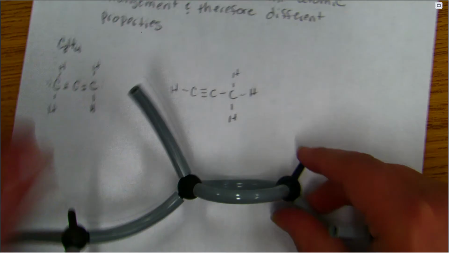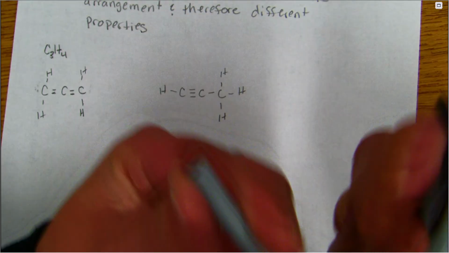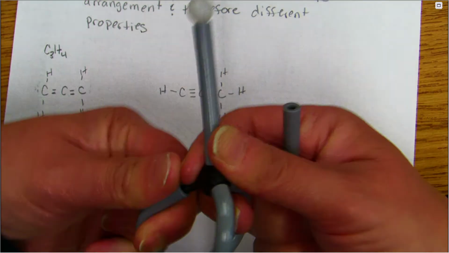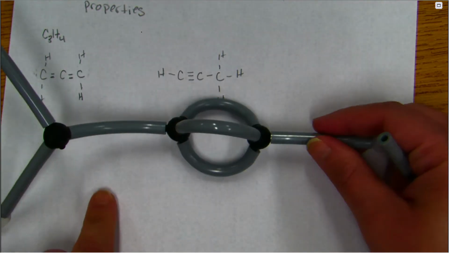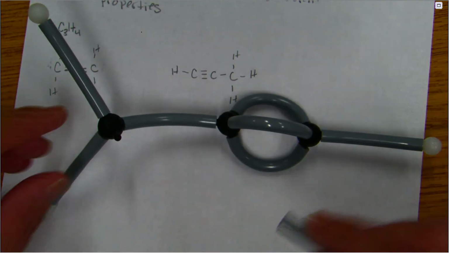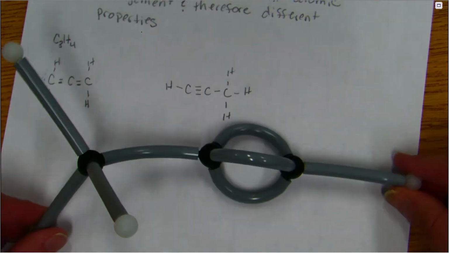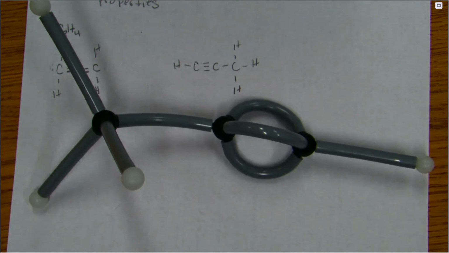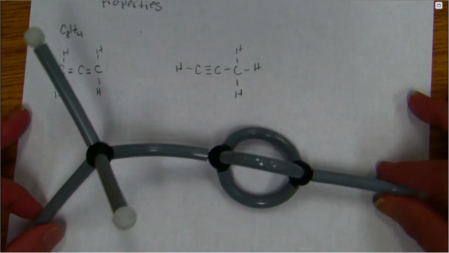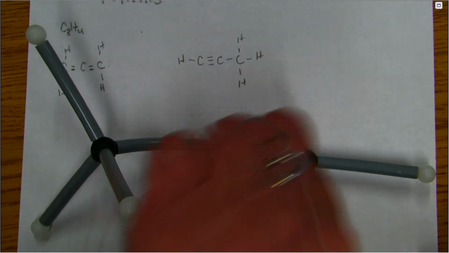It's going to have to come over here with my carbon and form a triple bond. And then this hydrogen I removed from the carbon comes over here. So you see, I had to actually physically break apart and rearrange. That is an isomer.